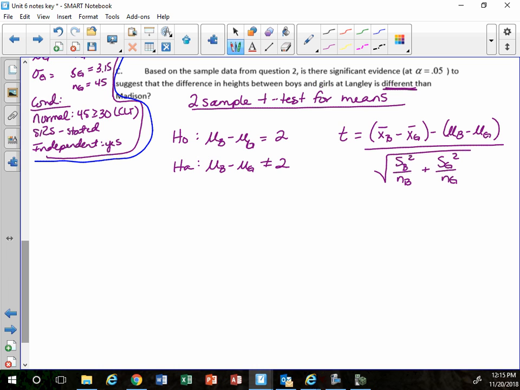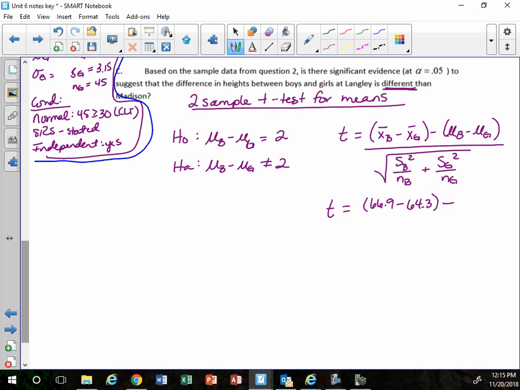We're actually going to key this one into your calculator, guys. So we know the X bar of boys and X bar of girls. Do you think that's the information from Langley or from Madison? Langley, yes. So that was the 66.9 minus 64.3. What about the mu of b minus mu of g?